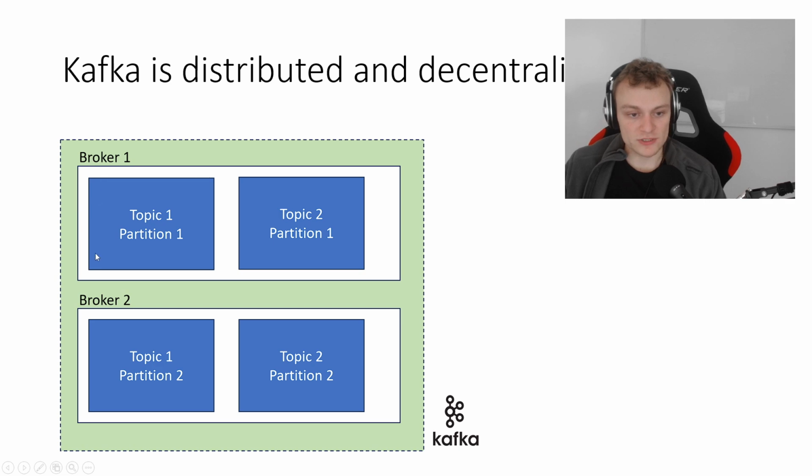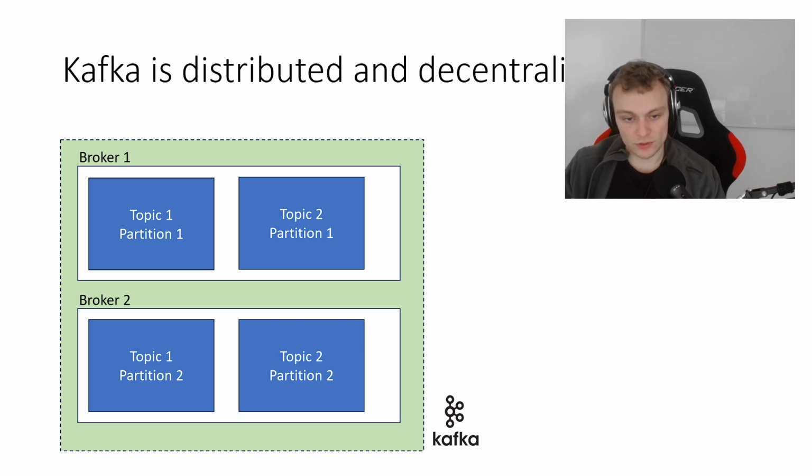And how that looks like in a running system is that we have one broker, and it knows a part of the data. It stores topic 1 partition 1, topic 2 partition 1, and the next broker stores topic 1 partition 2 and topic 2 partition 2. So these would share the data with each other, and when one broker goes down, not all the data is going to be lost.